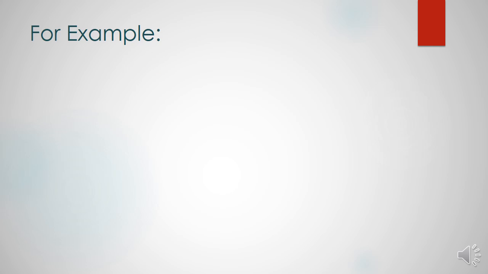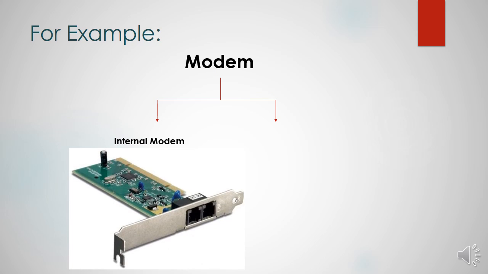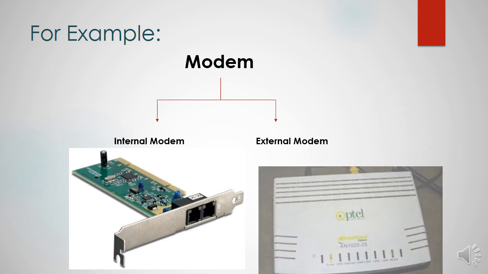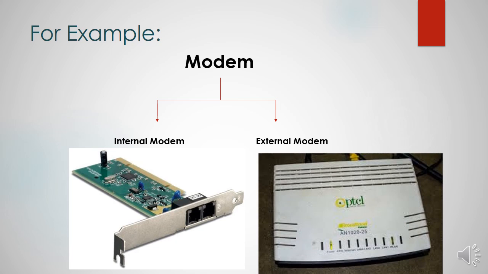One example of communication device is modem. You know there are 2 types of modem. Internal modem. It is fixed inside the system unit, and external modem. We know by using modems, computers are connected over internet.